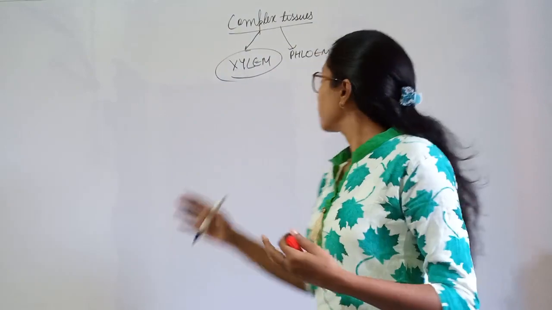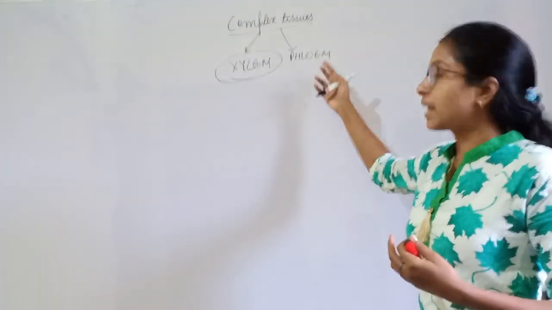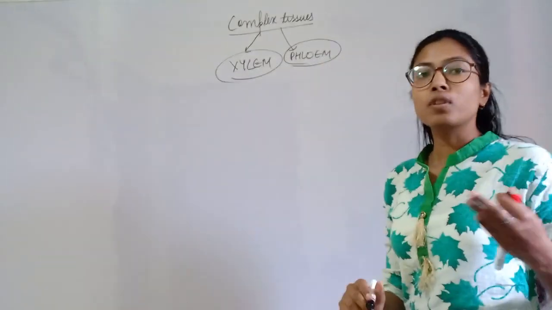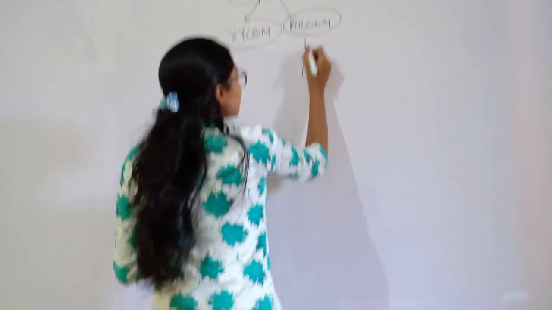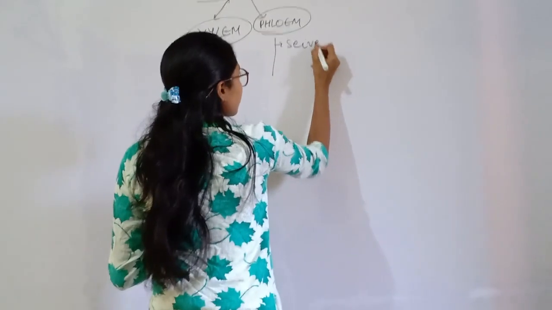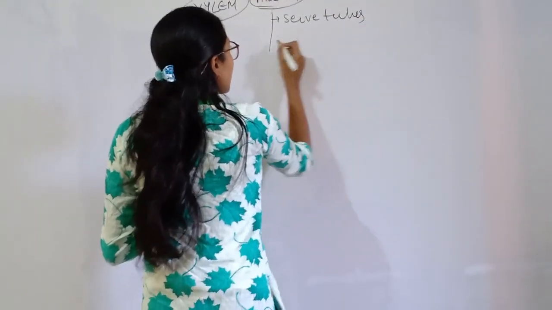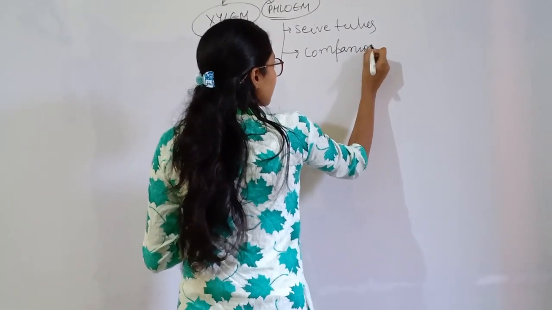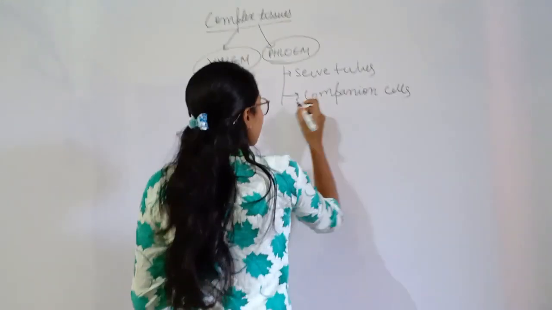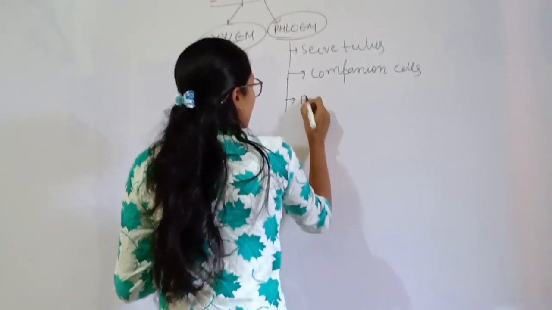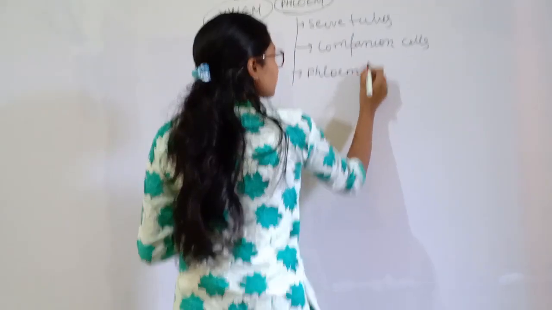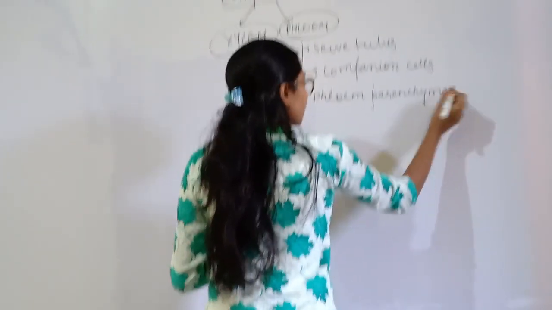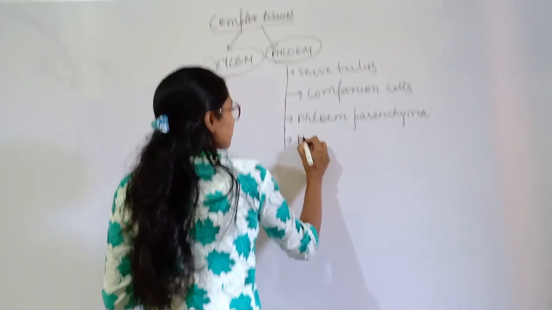In a similar way, the phloem is also a type of complex tissue which is made up of 4 types of cells, that is sieve tubes, companion cells, phloem parenchyma, and phloem fibers.